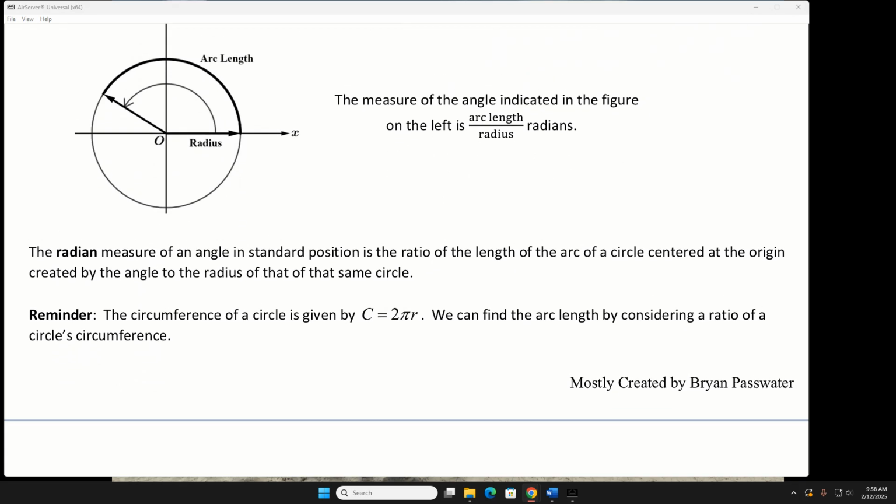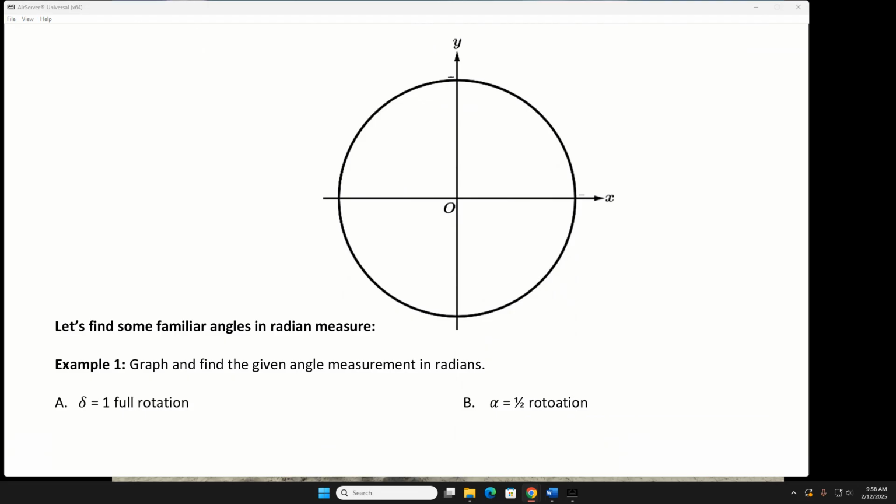Just a reminder, we're going to use this in a second: the circumference of a circle, all the way around, is found by 2 pi r. We're going to use that on the back real quick. So just a reminder of what we just said: radian measure is equal to the arc length divided by the radius.